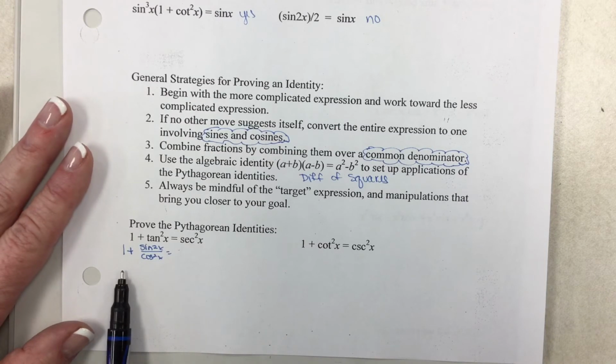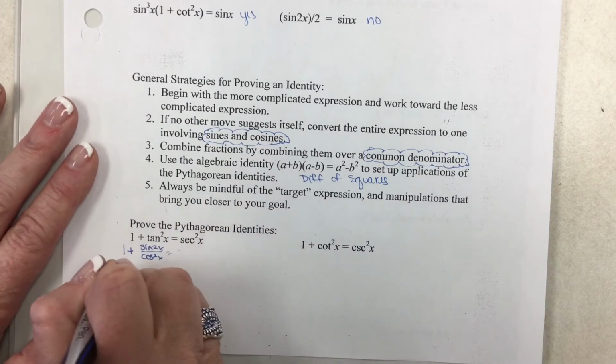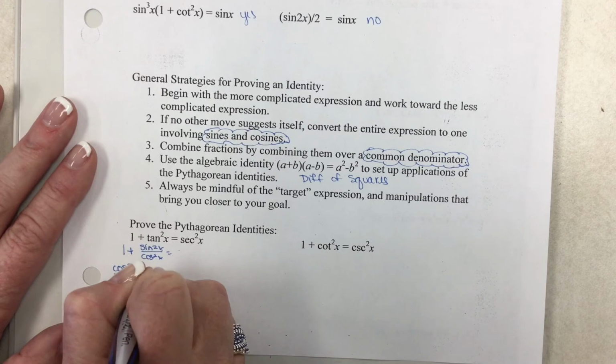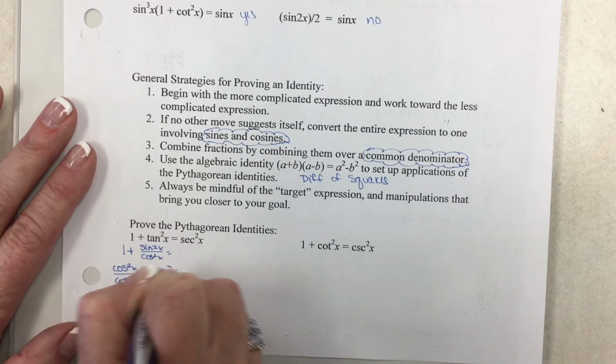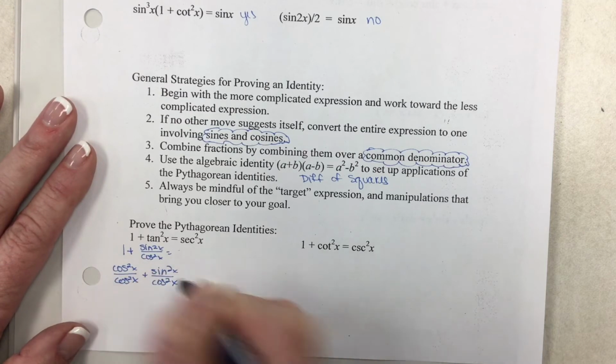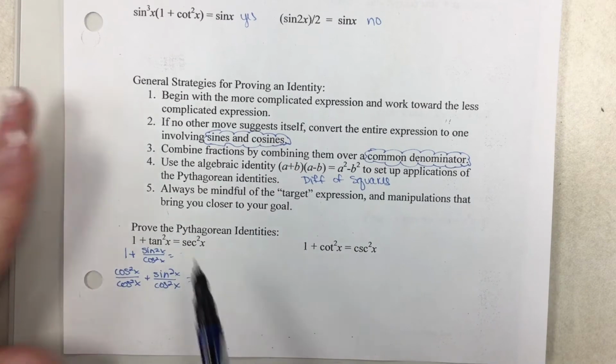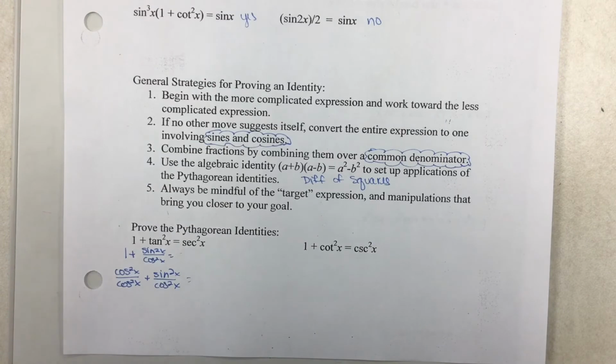What do I do? What do I want to do with that 1? Cosine squared over cosine squared is the same thing as 1. I'm creating a common denominator. Well, first of all, was 1 plus tangent squared equals secant squared part of our identity sheet? Yeah. Oh my gosh, it was.